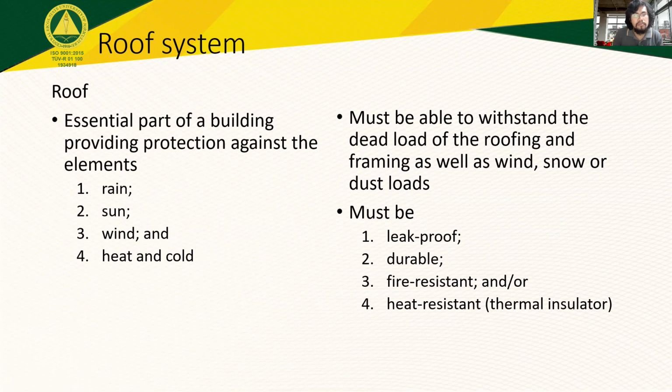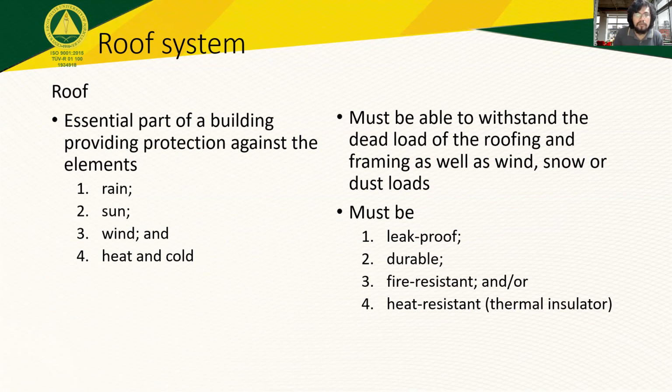Essentially, the roof is the part of the building that provides protection for its inhabitants or the living components of the system, and also other non-living materials, against the elements. What elements? We're talking here about the rain, the sun, the wind, and the heat and cold.